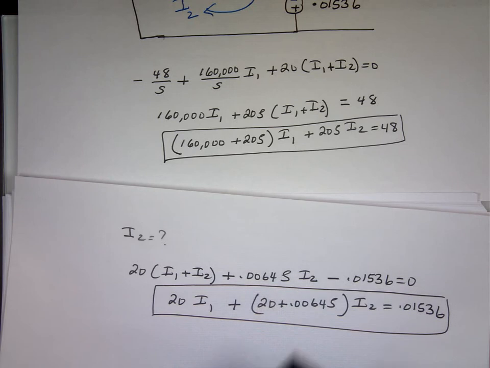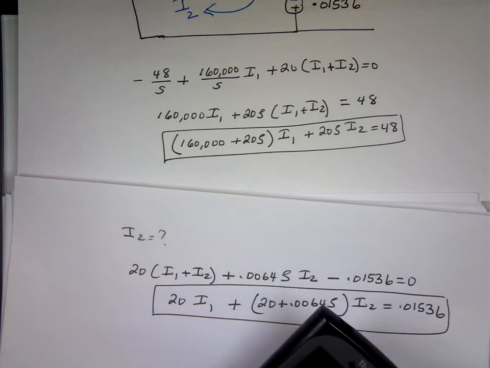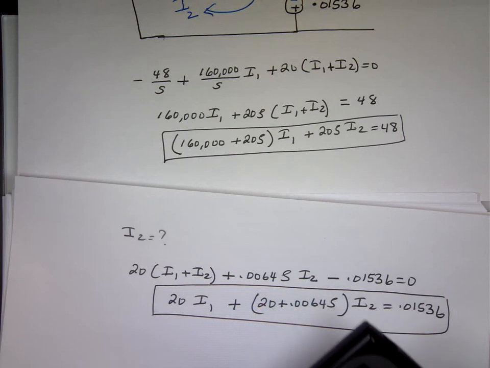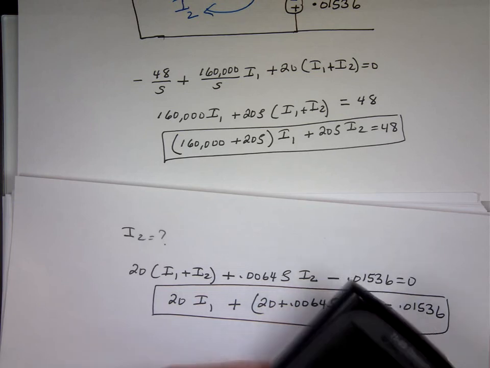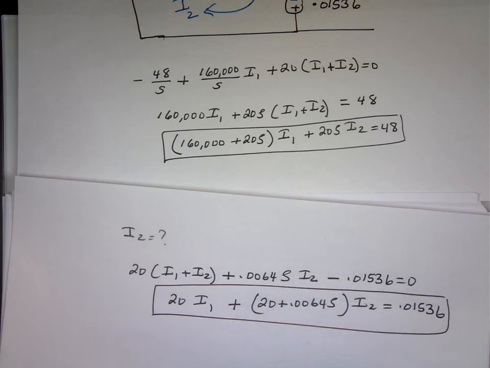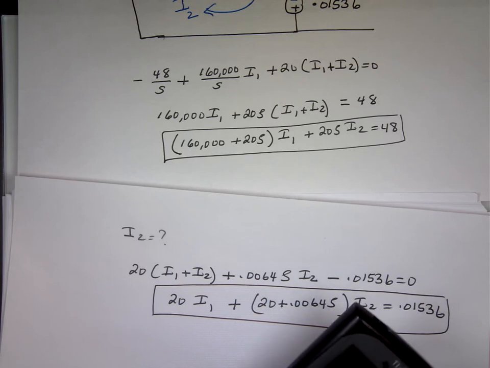Next one, 20, plus 0.0064x, equals 0.01536. Solve.